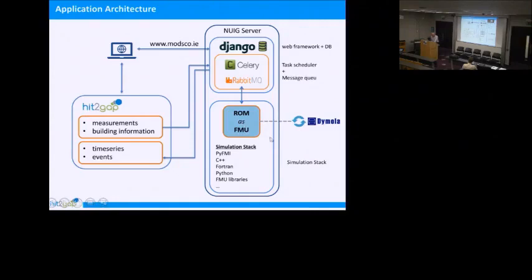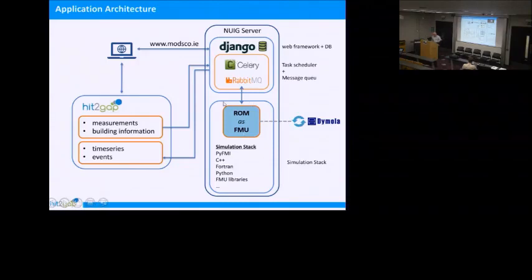Then we have a simulation engine with a set of routines and simulations called the simulation stack. And then we have the web application. The web application is done with a very standard framework, Python. And we have some workers that just get the simulation and get the simulation engine to work.